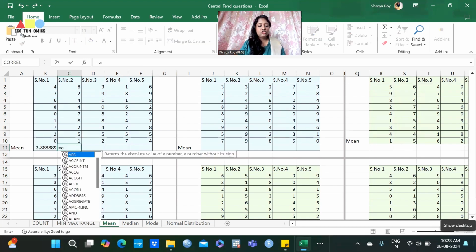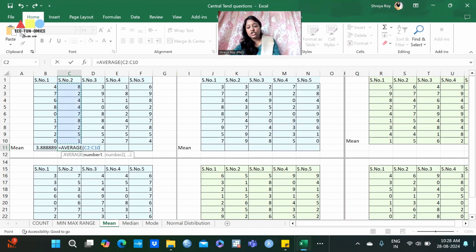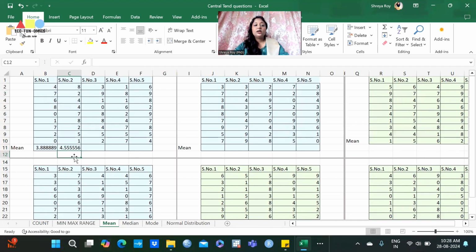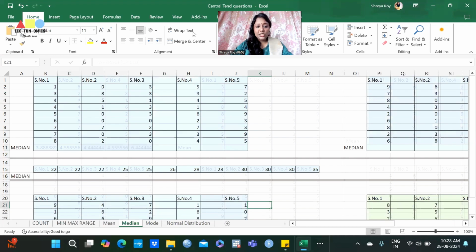Repeating, is equal to AVE, so we get the drop down average. I am double clicking on the formula, selecting the range, closing the bracket, clicking on enter. Okay, so that is how we get our mean. Moving to median.